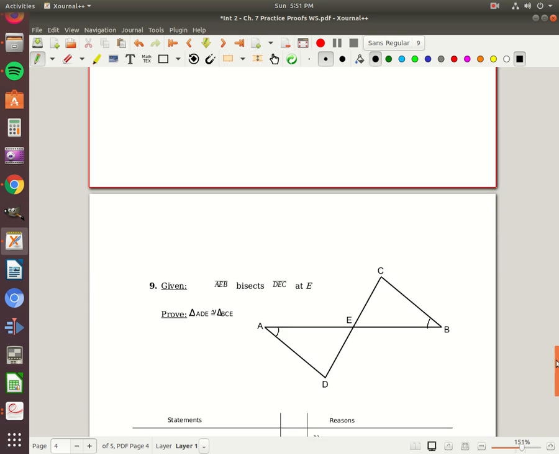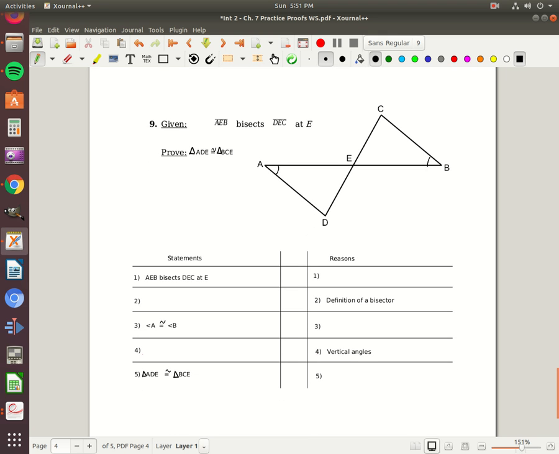And the last one. So again, I would love it if you would pause this thing and see what you come up with. So AEB bisects DEC at E, and we know that because it's given. And it says the definition of a bisector. So AEB bisects DEC. So I think I can say DE is congruent to EC because that's the definition of a bisector.